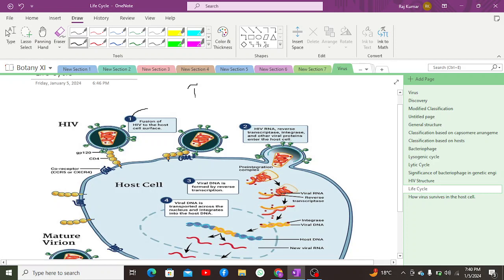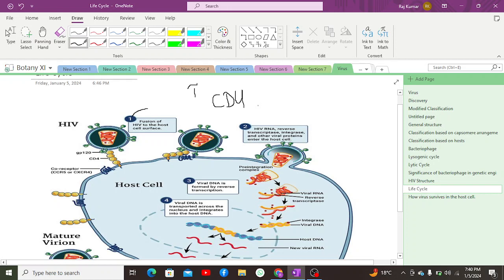T helper cells, macrophages, and dendritic cells present within our body are known as CD4 cells because they contain CD4 receptors. As they contain CD4 receptors, they also have co-receptors.